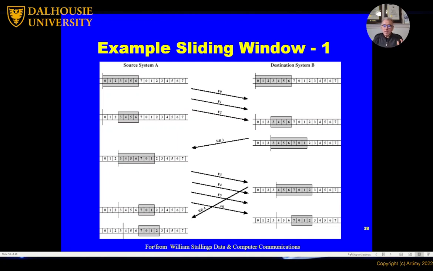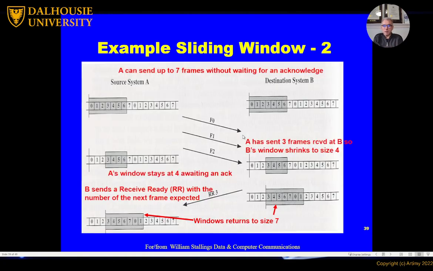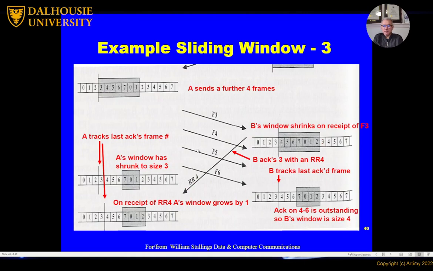So as long as I have less than 7 frames out there, I can keep sending up to the window size. Once the window size is exhausted, I cannot send anything anymore unless I receive an acknowledgement. So you see here another example where different sequences happening.